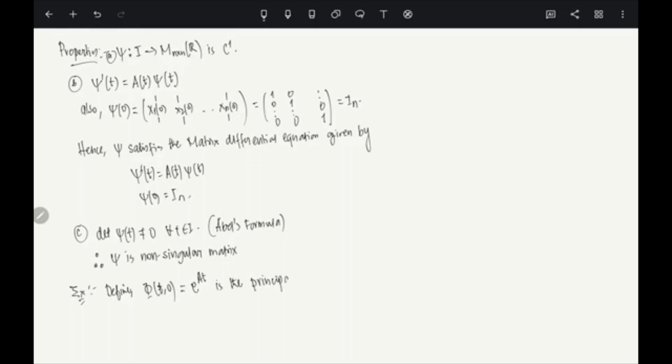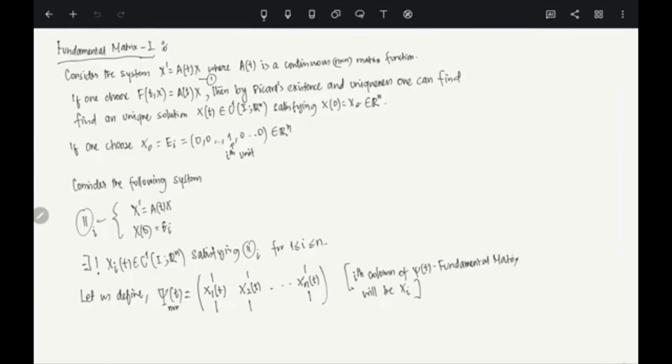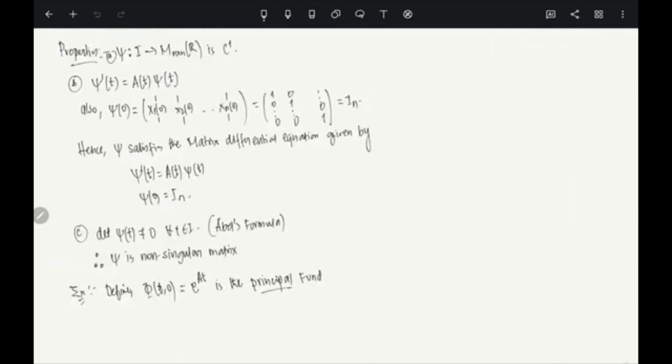I will explain why we call it the principal fundamental matrix. It is a matrix of the system, and I think you can guess this part. The system is the constant coefficient system x prime equals A times x, where A is constant.